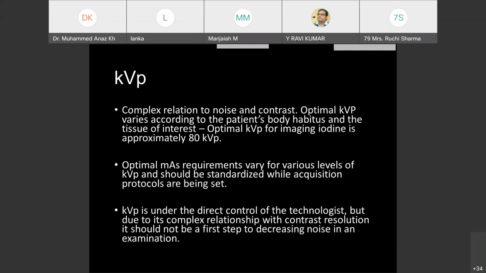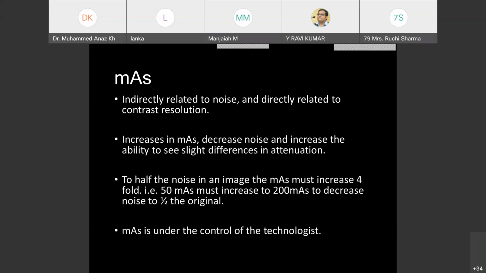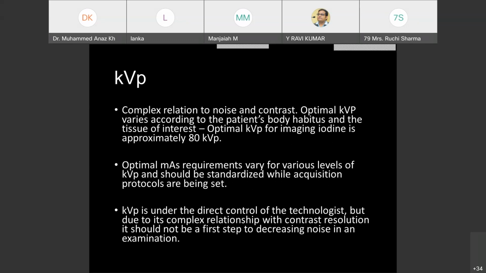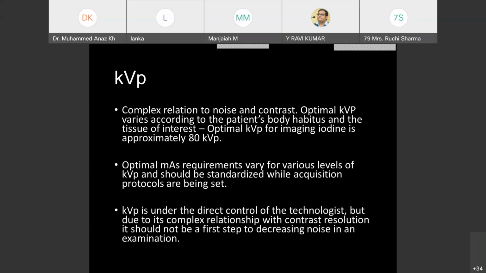So the main parameter is this: MAS, you can control and get a clarified image. KVP is also under the control of the technologists, but due to complex relations with contrast resolution, it should not be the first step to decreasing noise in an examination.